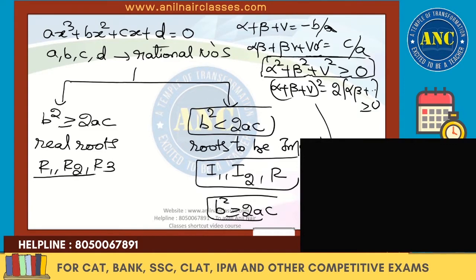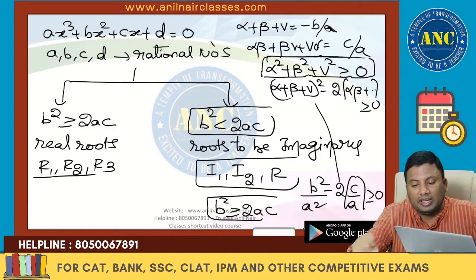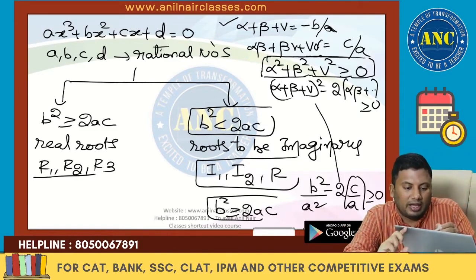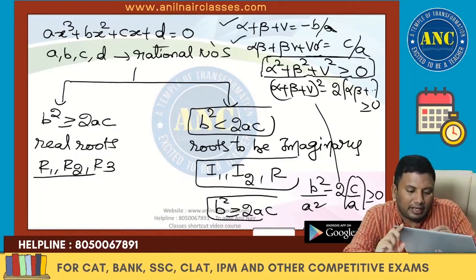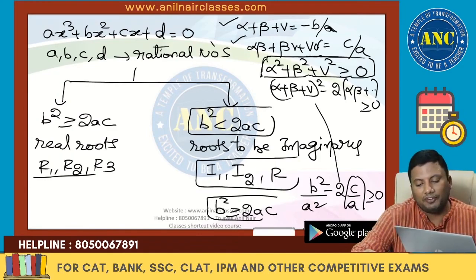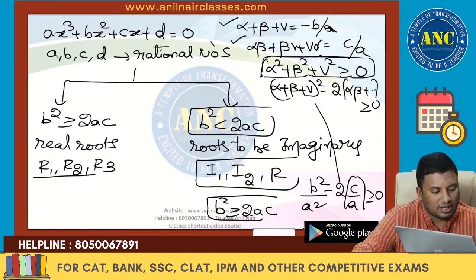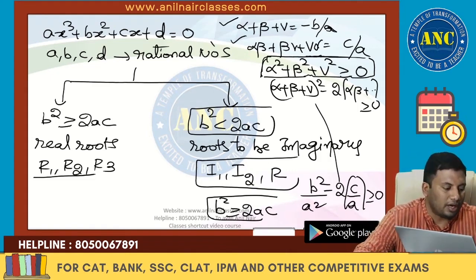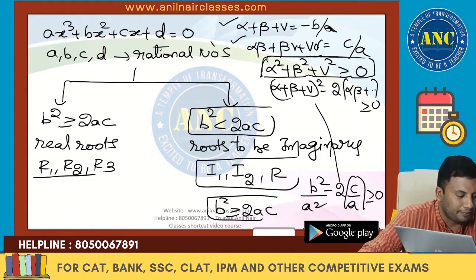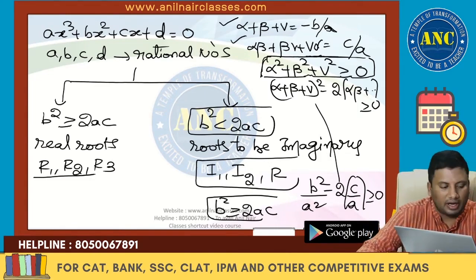For ax cube plus bx square plus cx plus d equal to 0, the sum of the roots taken one at a time is minus b by a, and two at a time is c by a. If alpha, beta, gamma are real, alpha square plus beta square plus gamma square is greater than or equal to 0.